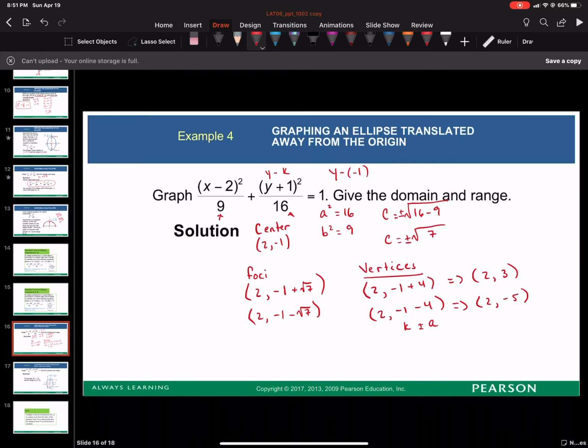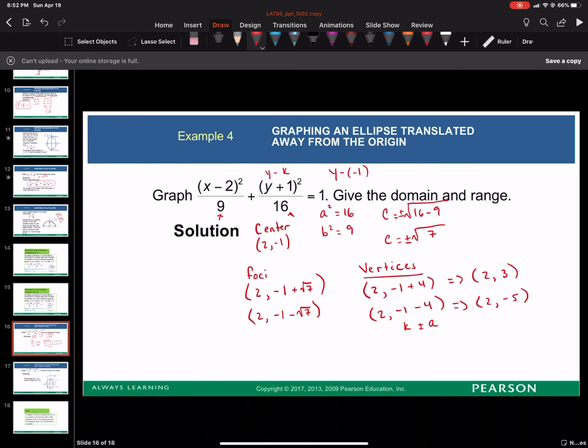Now, we want to make sure we got everything. You have your major axis, you have your minor axis. So now, let's actually find your b's. Let's find your minor axis so you can get those.